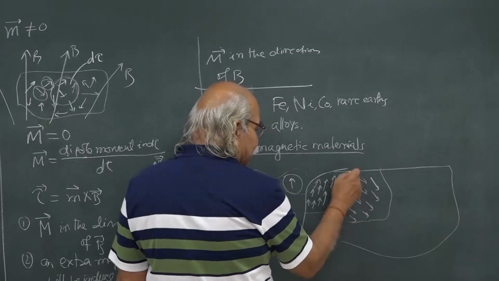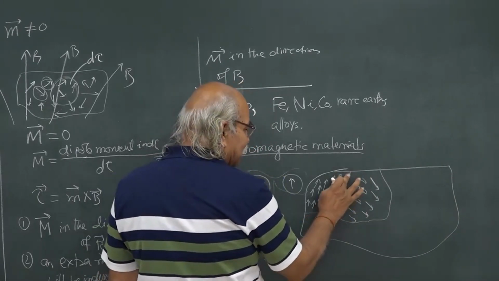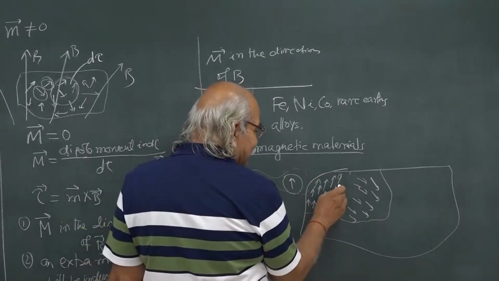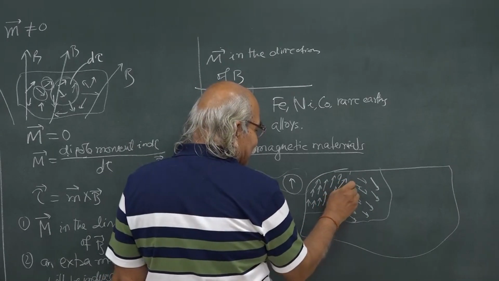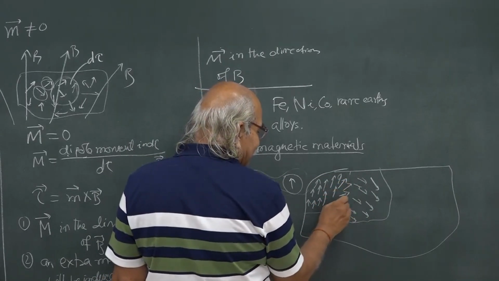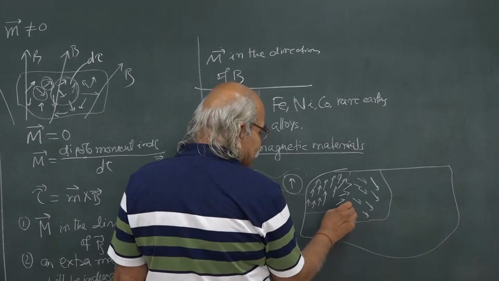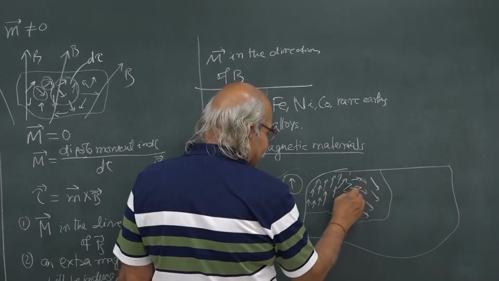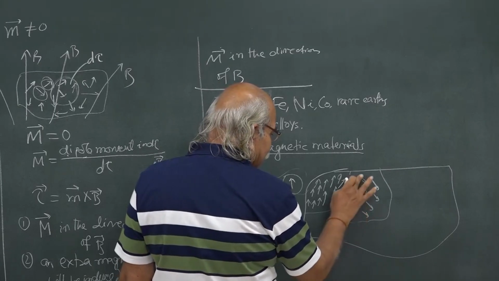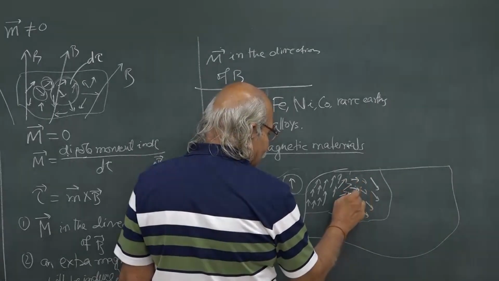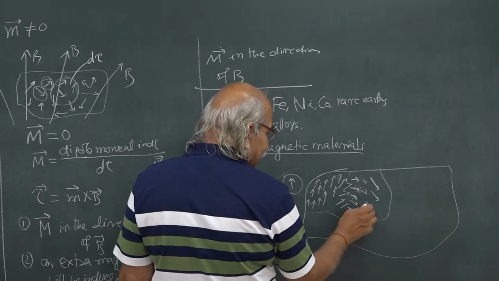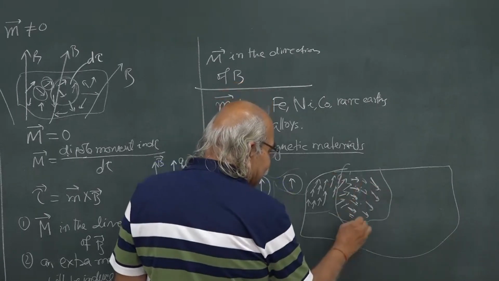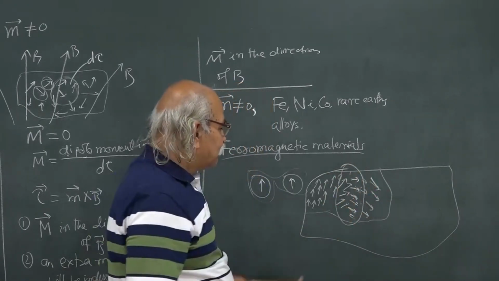And at this boundary you have some reorientations. So, it will be like this. You go away and then gradually it turns, like this, and then finally. So, this is the transition part.